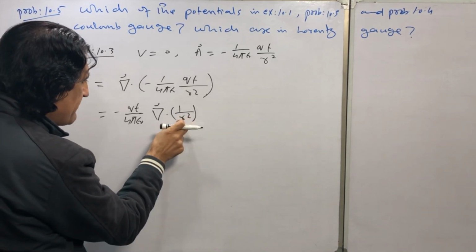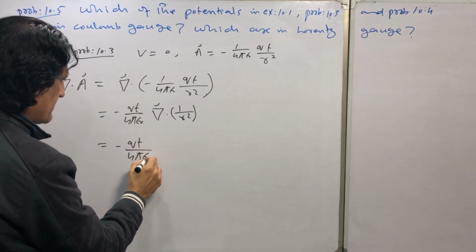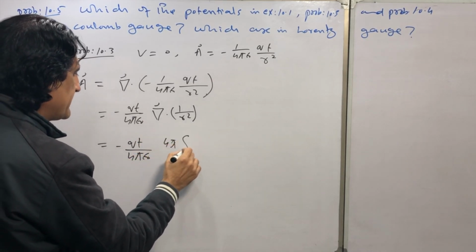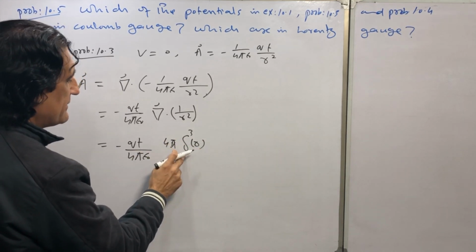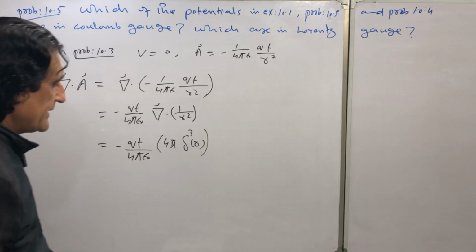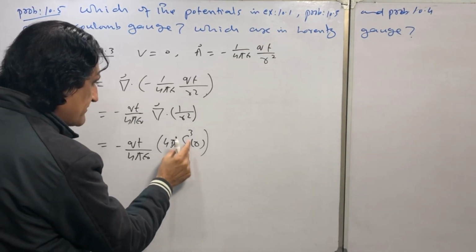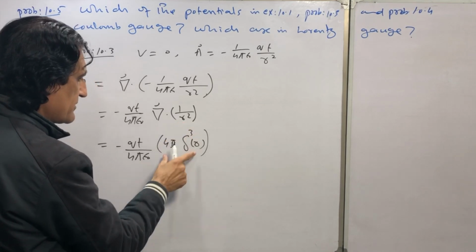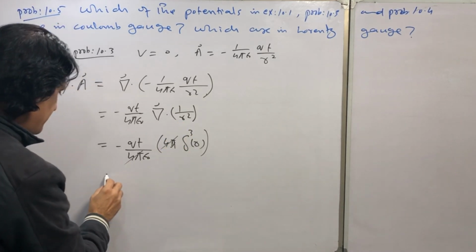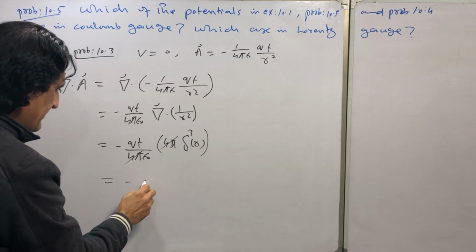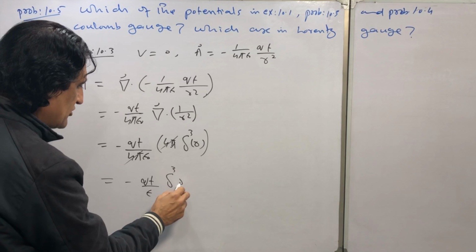The divergence of 1 over r square is equal to 4 pi delta cube of r. This point we have already proved in the previous lectures. Then this will cancel out, and we will have minus qt divided by epsilon naught and delta cube of r.